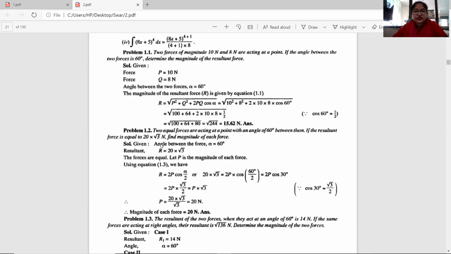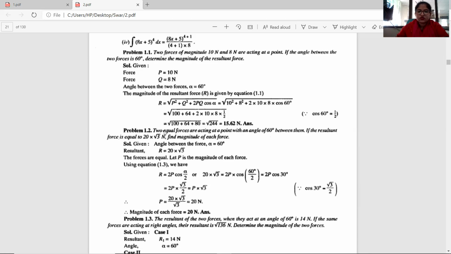The value of cos 60 is 1 by 2. Then the magnitude of the resultant force R will be 15.62 Newton. So here we determined the magnitude as 15.62 Newton.